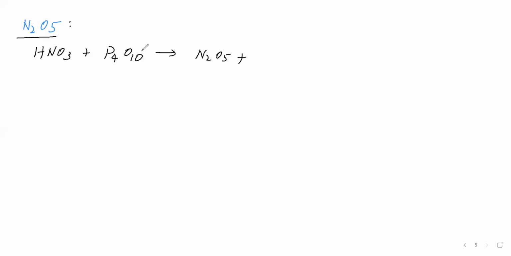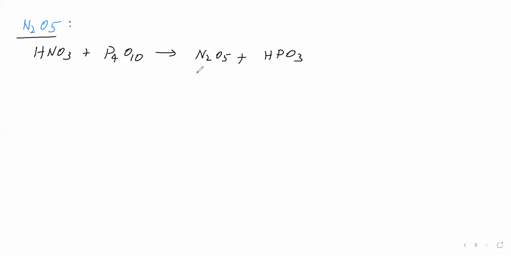This P4O10 takes a water molecule from nitric acid and becomes metaphosphoric acid, HPO3. Therefore, nitric acid on dehydration gives N2O5. Here the dehydrating agent we have used is phosphorus pentoxide, P4O10. This N2O5 is an acidic oxide, and it is colorless. Why is it an acidic oxide?